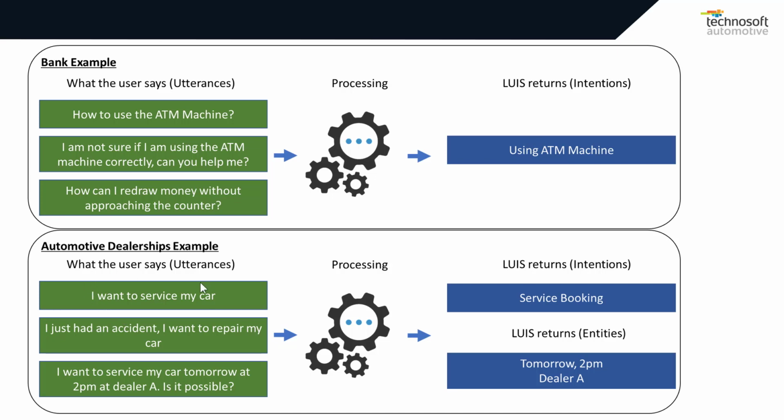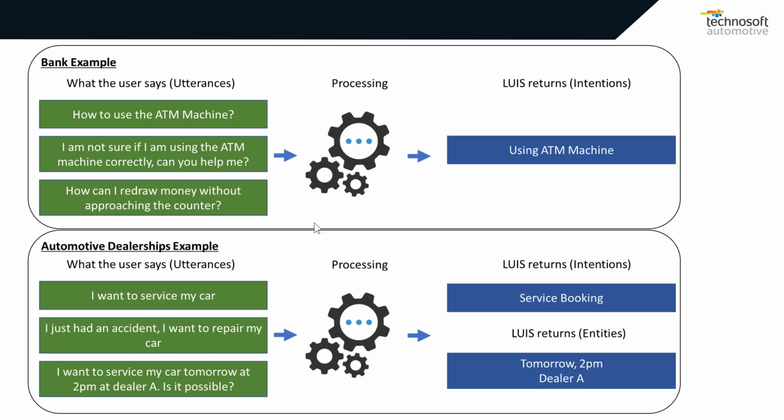In the second example, for an automotive dealership, the customer says, I want to service my car, or the customer says, I just had an accident, I want to repair my car, or they say, I want to service my car tomorrow at 2 p.m. at dealer A, is it possible?